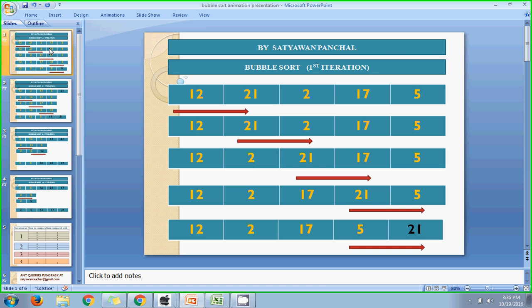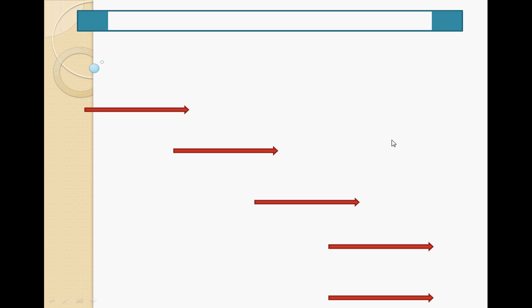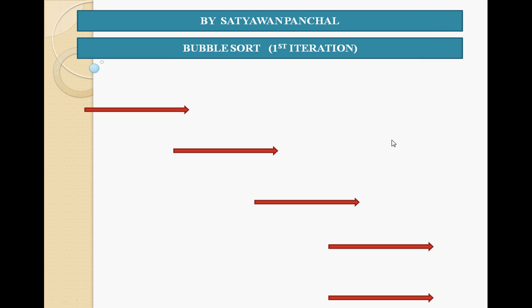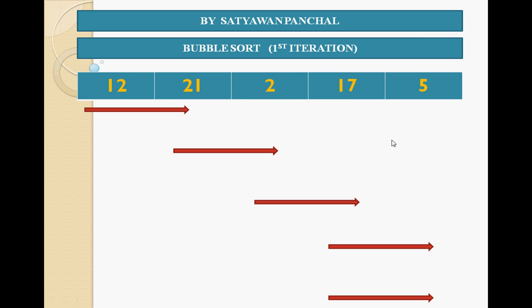Okay, so what is the basic idea behind bubble sort? We will start from iteration number 1. In iteration number 1, what we do is we compare the element at the 0th position with the first element. If the element is the larger one, then it will be shifted, otherwise it will remain at its position.